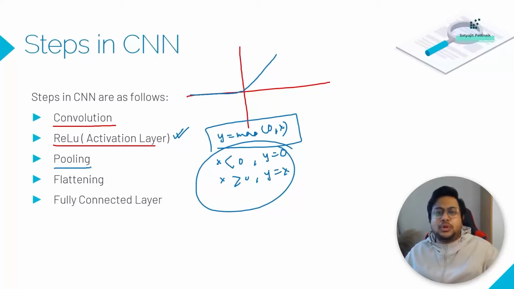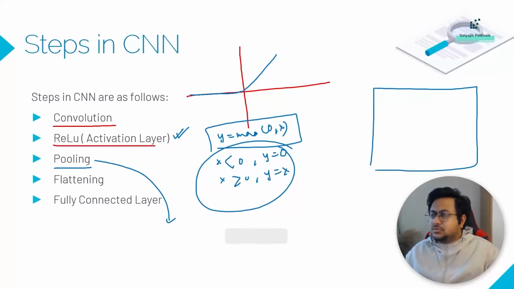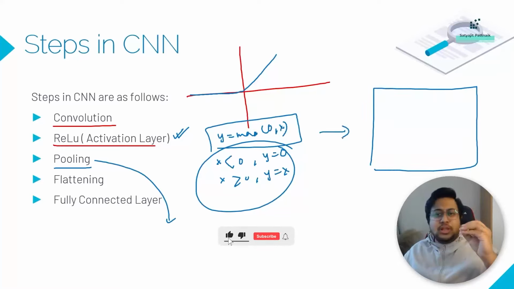After ReLU comes pooling. Pooling is again another convolution. It's not a convolution step, my bad. It is again another dimensionality reduction technique. But what is pooling? Just imagine this thing. You have an image. You pass pooling to it.